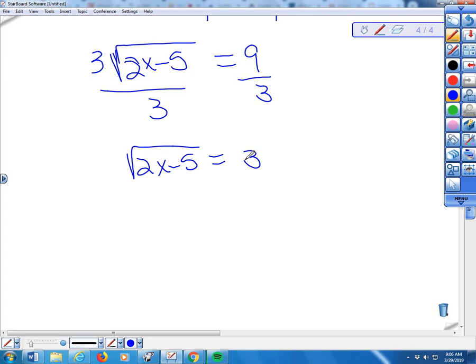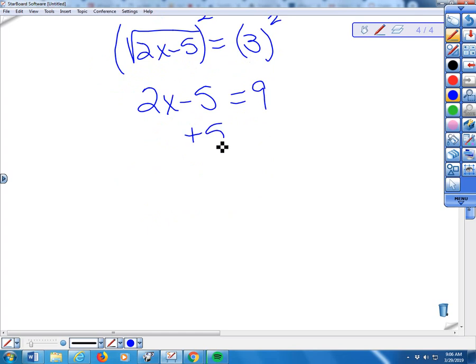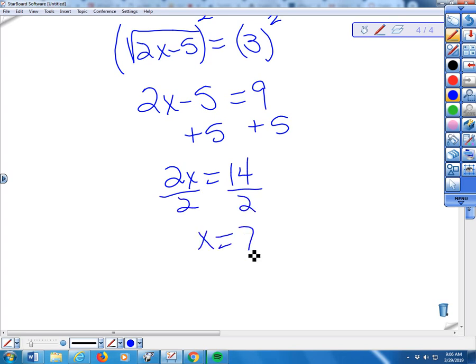So I'm going to undo this root by squaring it. All I have left on the left then is the radicand, and on the right, I have 9. Now I can just solve this.